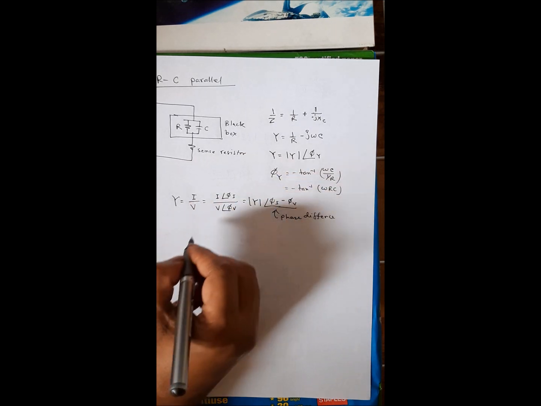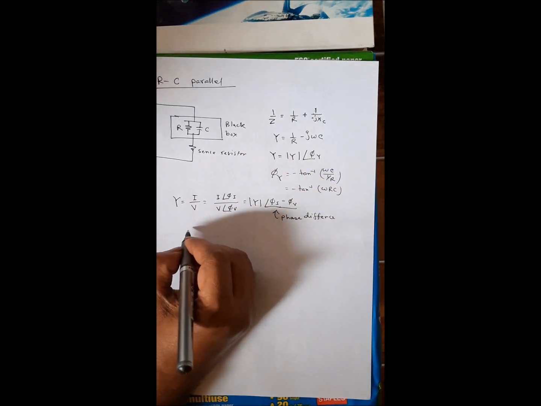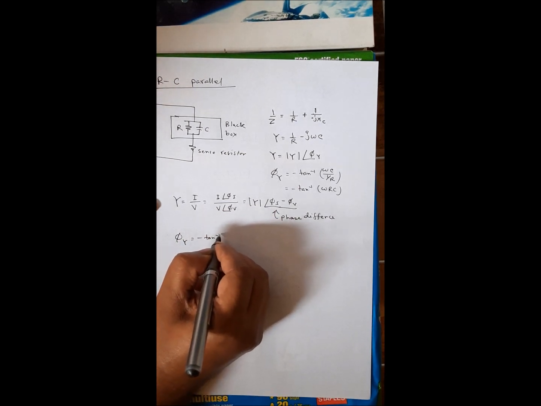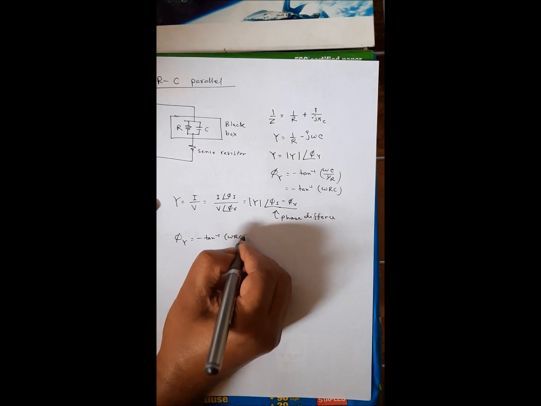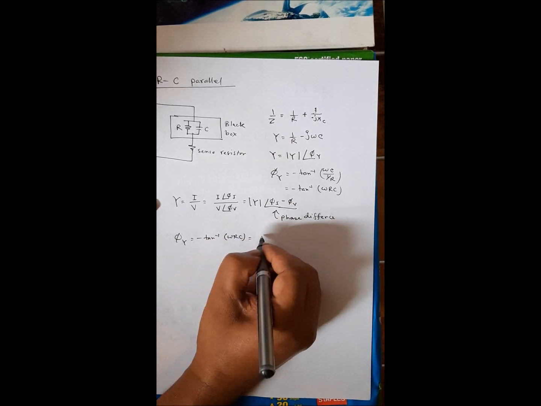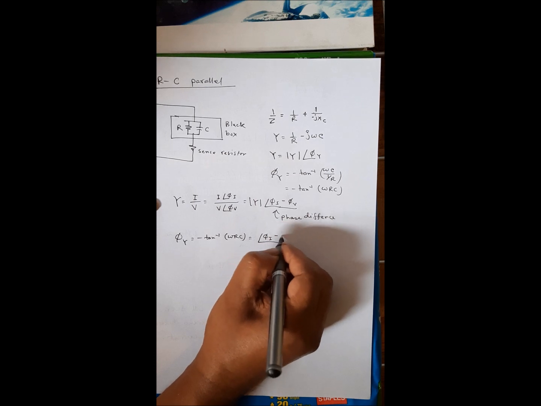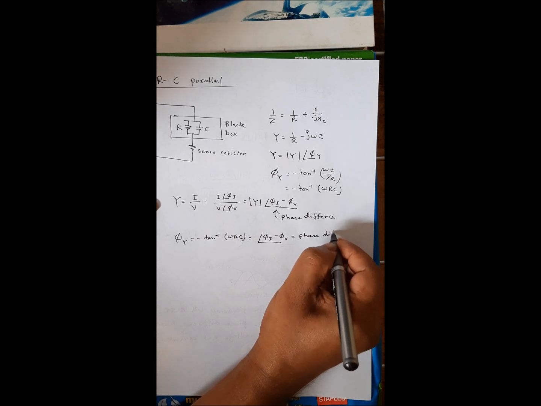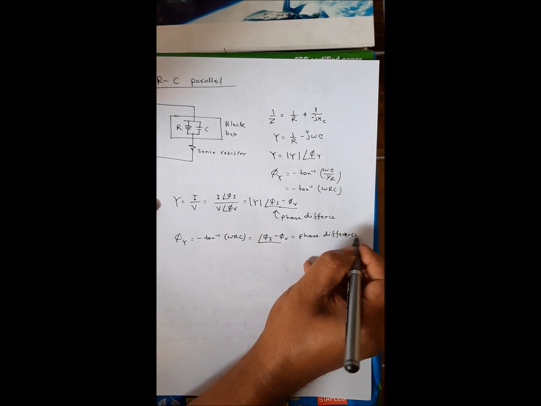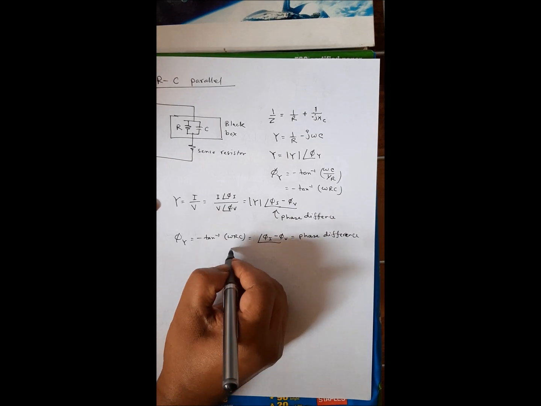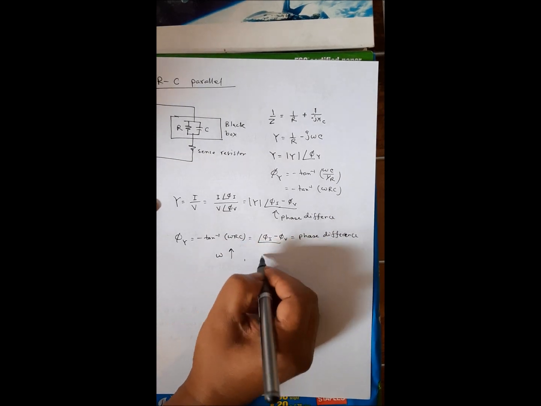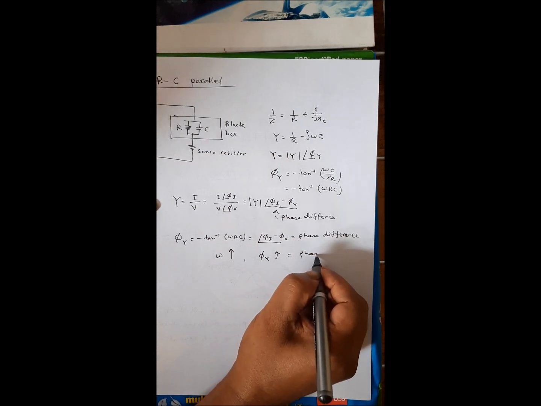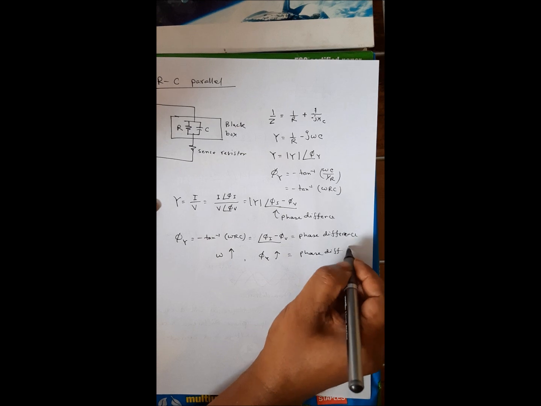So from both equations you will get the phase difference, that phi Y is equal to tan inverse omega RC, and also equal to phi I minus phi V, equal to phase difference. So now if you increase the frequency omega, phi Y will increase and phase difference will increase.